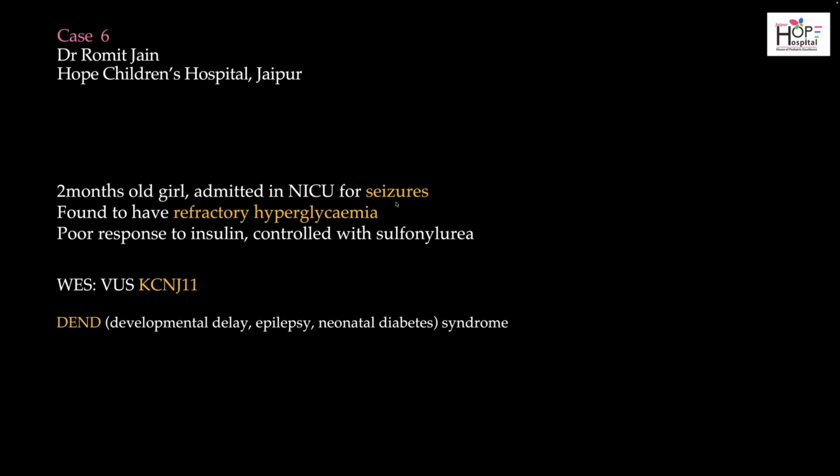On admission, the child had high anion gap metabolic acidosis and persistent hyperglycemia, above 400s, with a partial response to insulin therapy. Because the urine ketones were also positive, the child had a neonatal diabetic ketoacidosis type of presentation.